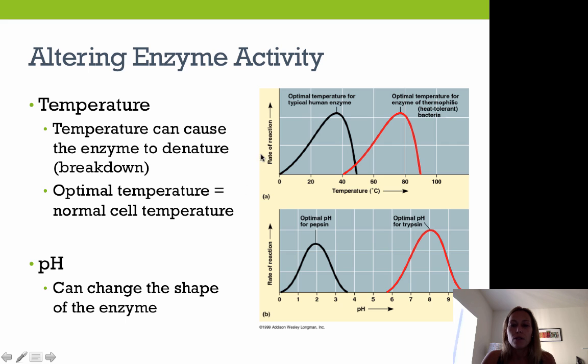If we take a look at this graph up here, it says the optimal temperature for typical human enzymes is around 35 degrees centigrade, which is about 98.6 degrees. Most of the enzymes in our body work best at 98.6 degrees.